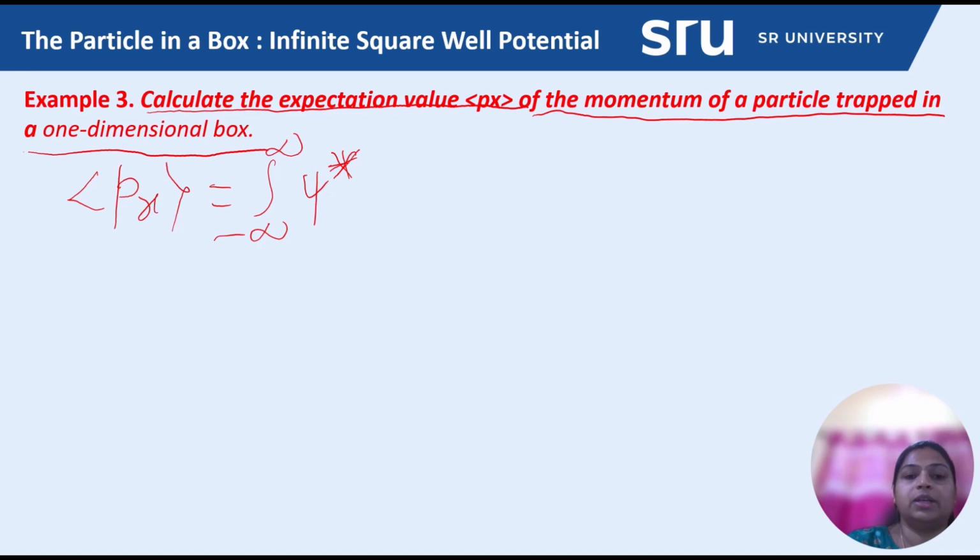Here our momentum operator is minus i h by 2 pi d by dx.